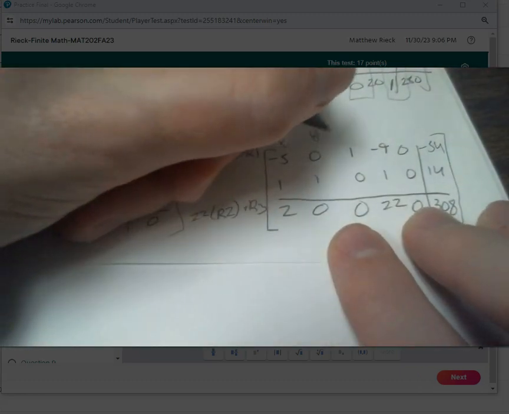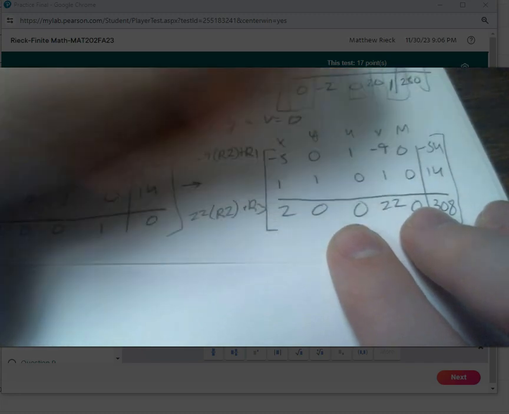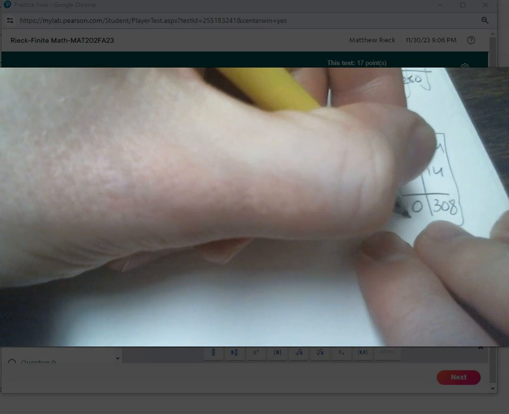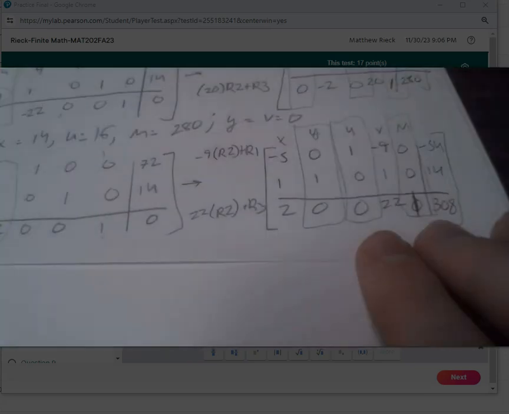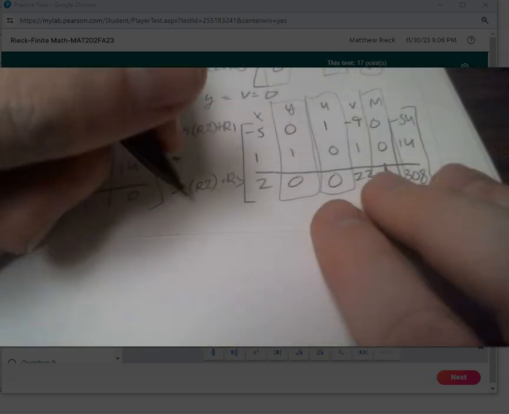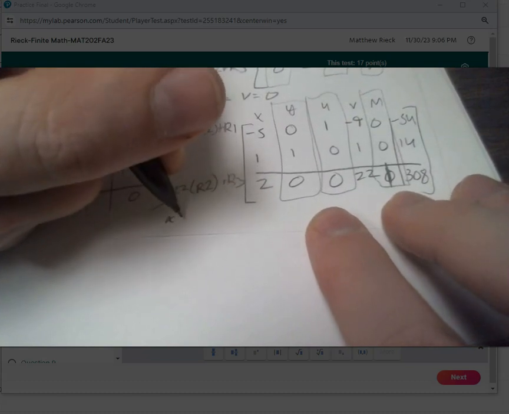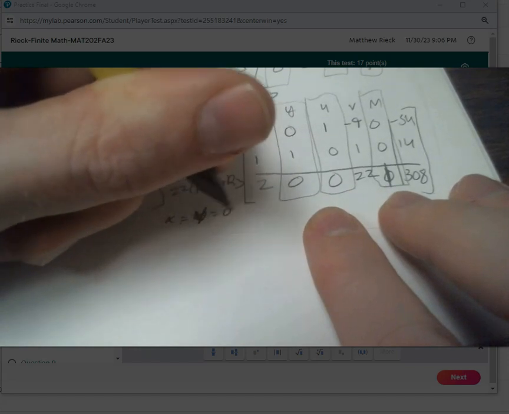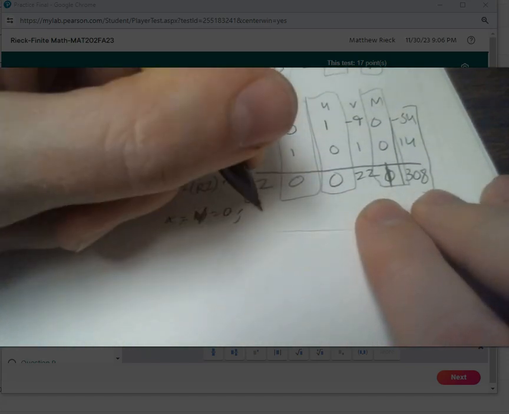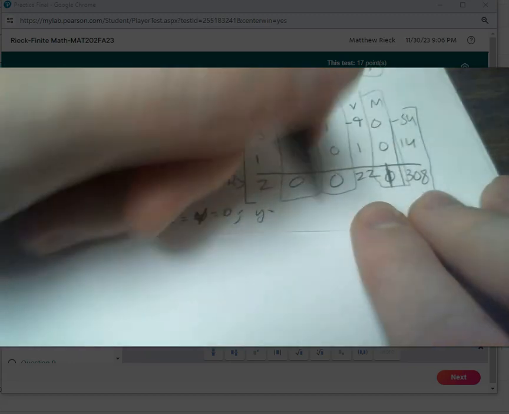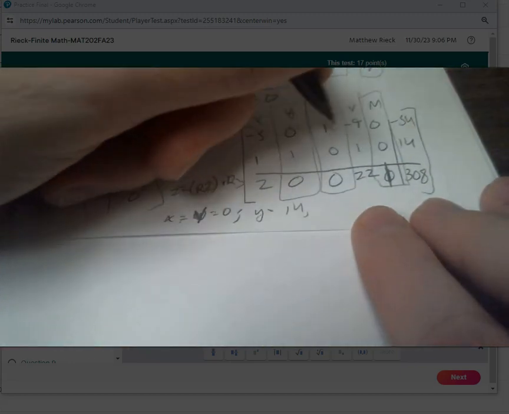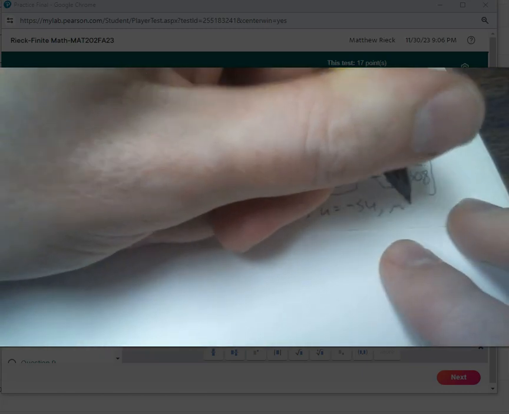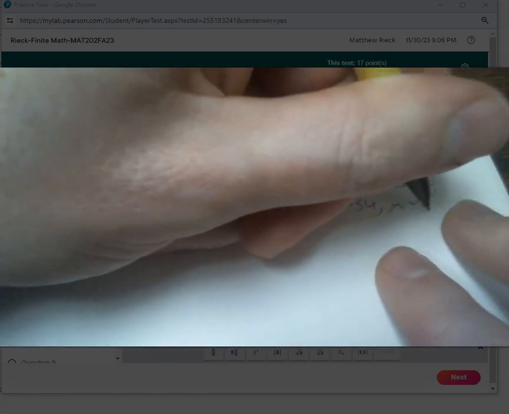All right, so we have X, Y, U, V, M. There should be a 1 here, sorry. So X and V are both 0. We have Y is 14, U is -54, and M is 308.